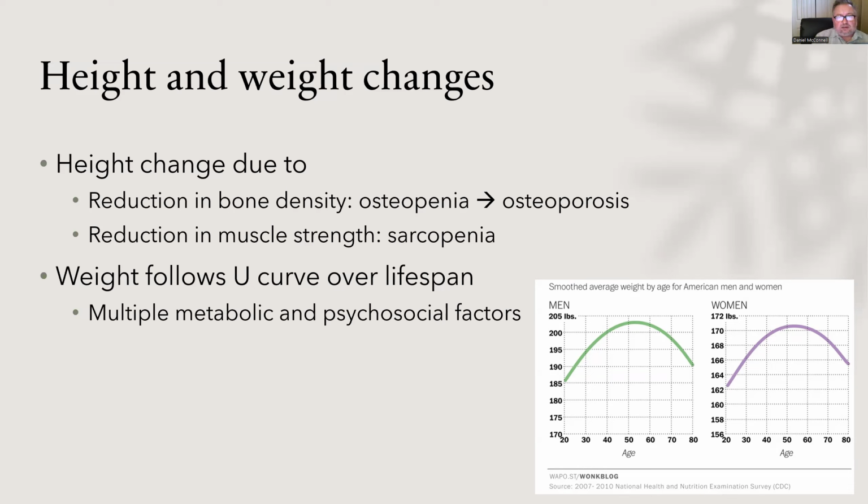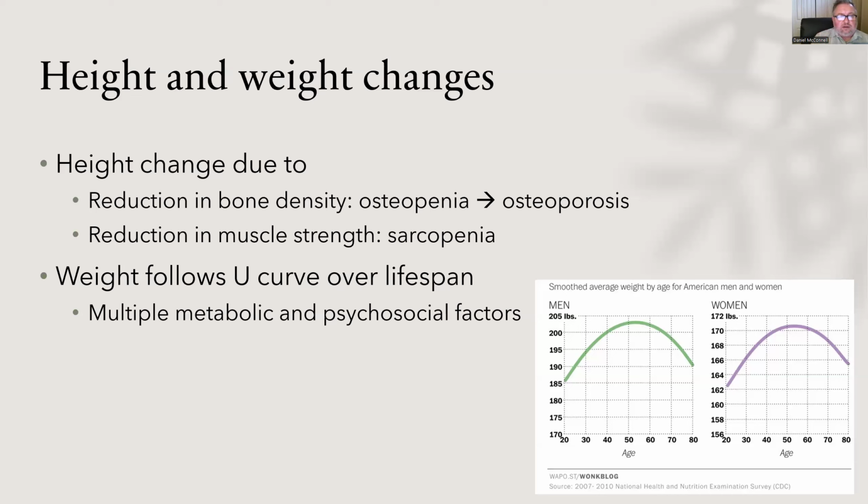So what's happening here is that osteopenia is a gradual decline in bone density as we get older. But once we hit a particular cutoff point where that density gets into a pathological range, a much more dangerous range where the bones are at greater risk of breaking should we fall, that's when we talk about osteoporosis. And it's very common to see people with osteoporosis whose posture is noticeably different, where the shoulders droop forward and they get a hunch on the upper back and they lean forward a little bit.